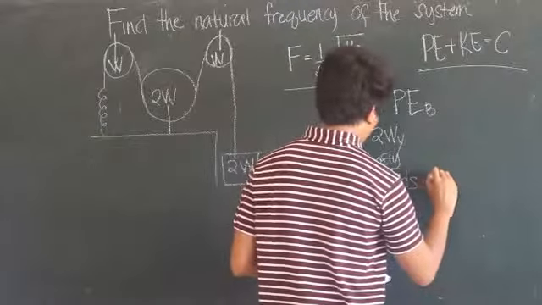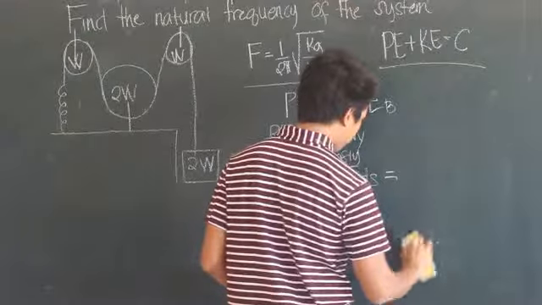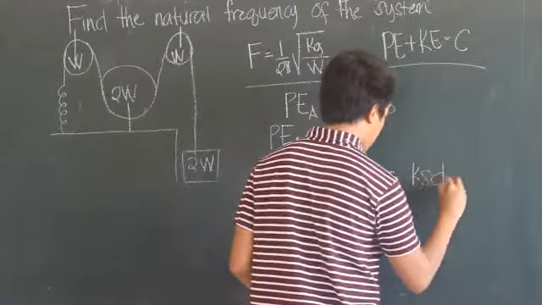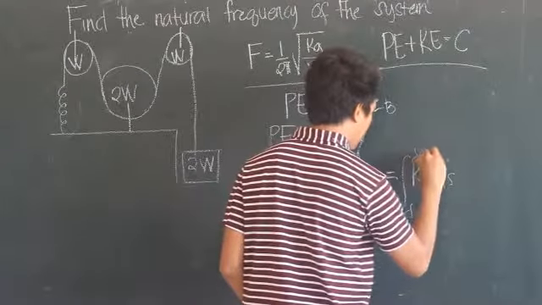So, the force of the spring is just equal to Ks ds from delta plus y.